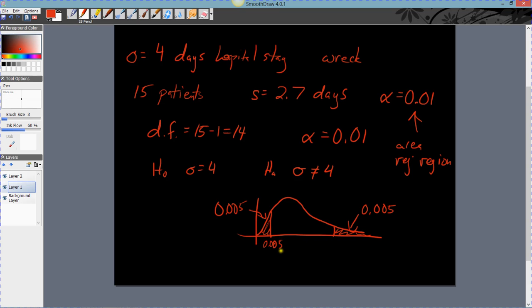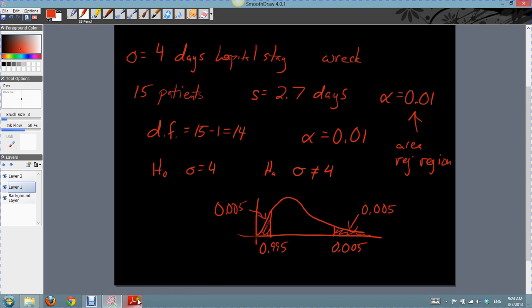Actually, I did that the wrong way around. I think this table is right instead of left. So this one would be 0.005. It really doesn't matter if you do it backwards, you'll still get the same thing. And this one is 0.995. So we're going to look up these two alphas on the table with 14 degrees of freedom, and that's going to give us our chi-squareds.